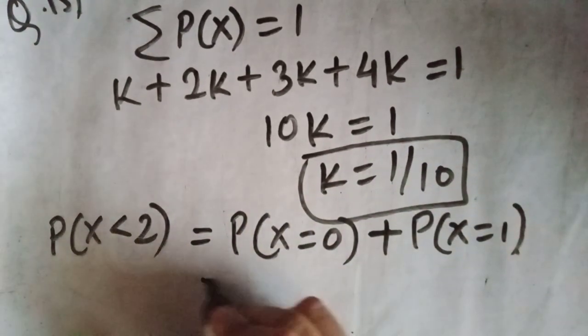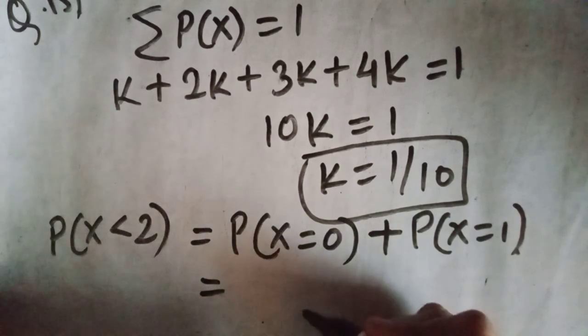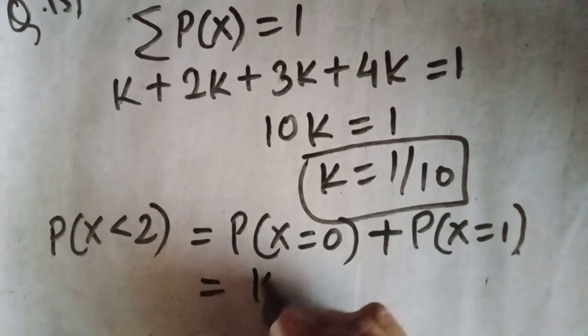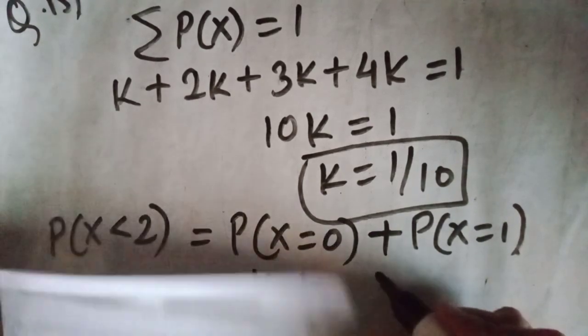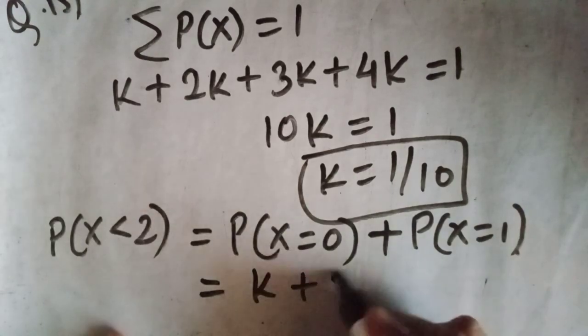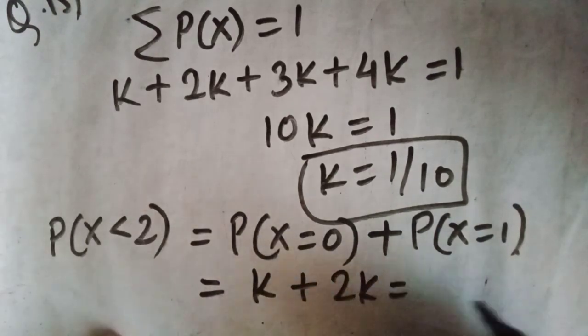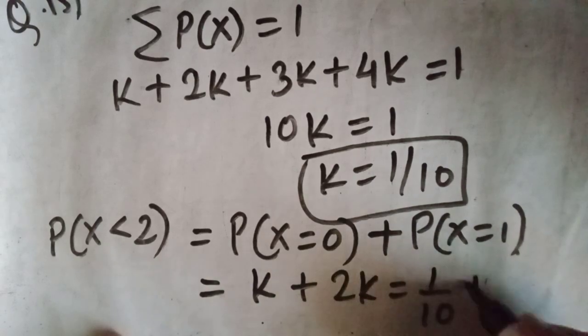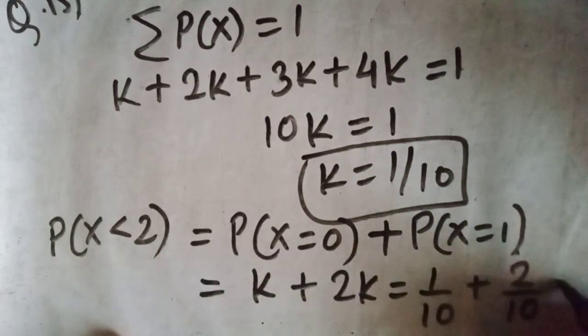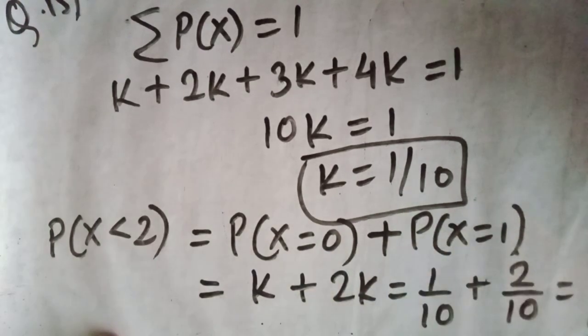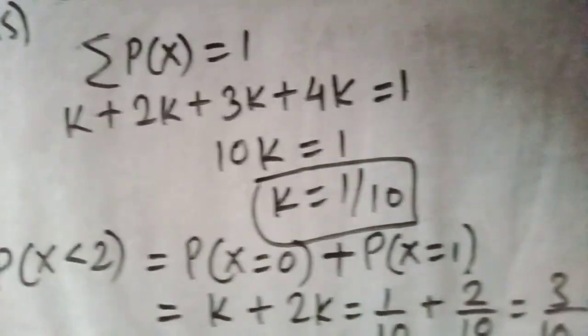So x equal to 0, it is k. x equal to 1, it is 2k. So substituting values of k, we will get 3 by 10.